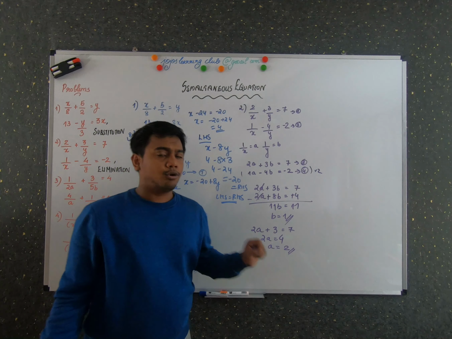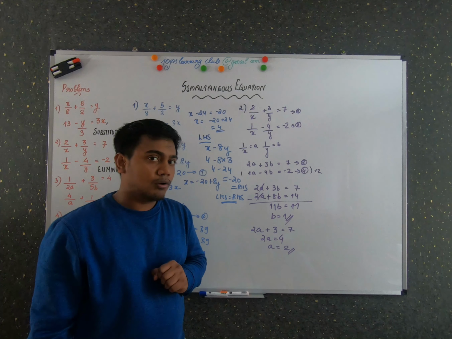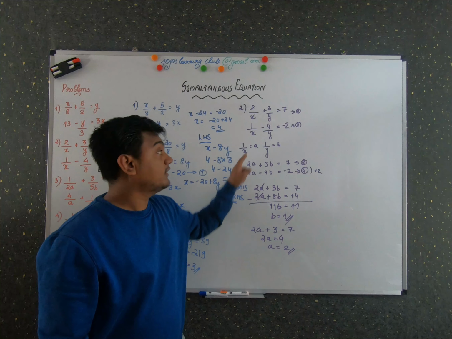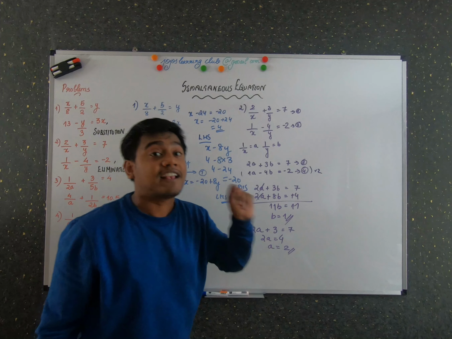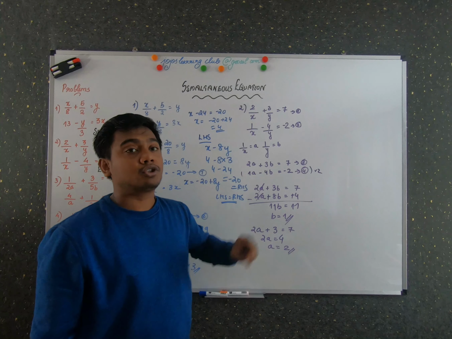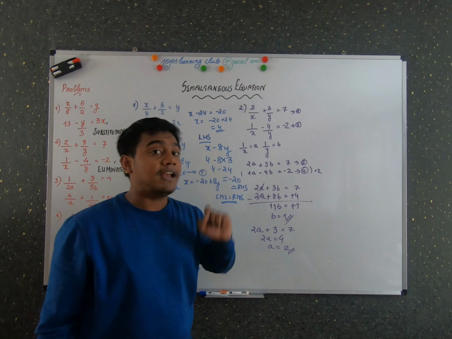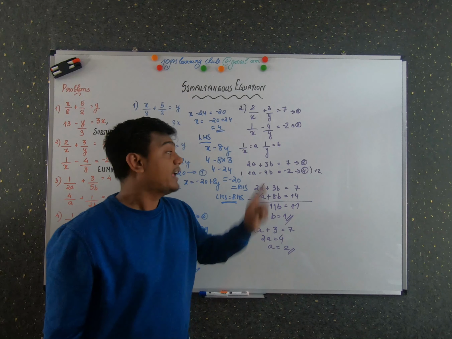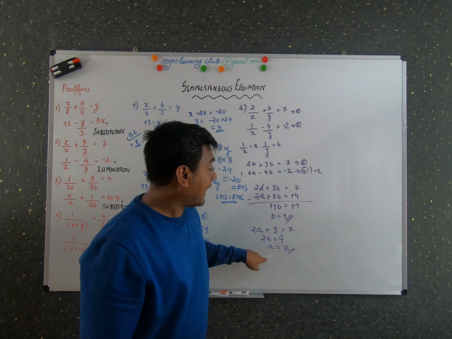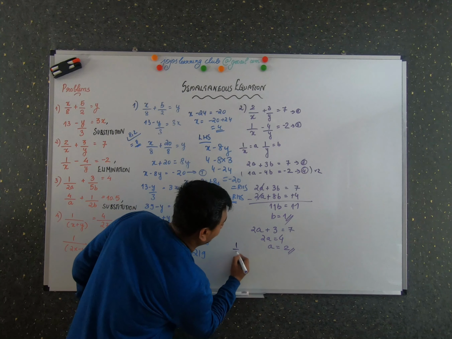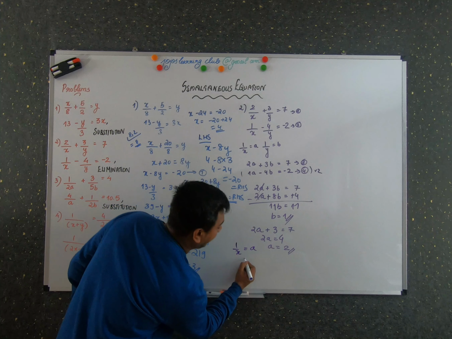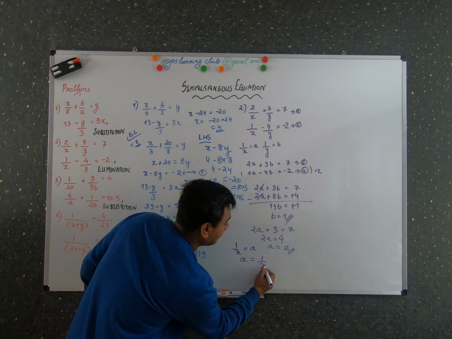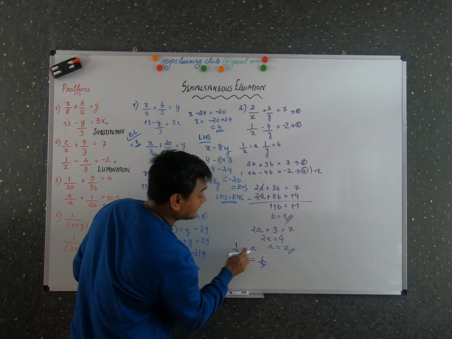So let me ask you now, is our answer over? No, because the final answer is to find the values of x and y. For the time being, to make the equations easier, we made the variables a and b. And we know that 1 by x is equal to a. So what is the value of a? A is equal to 2.